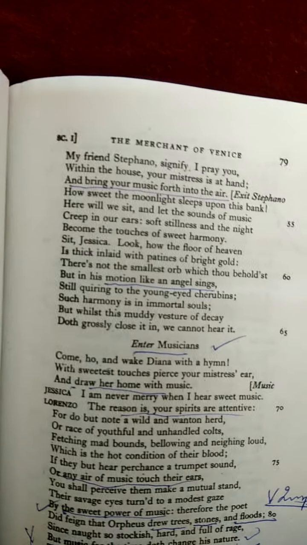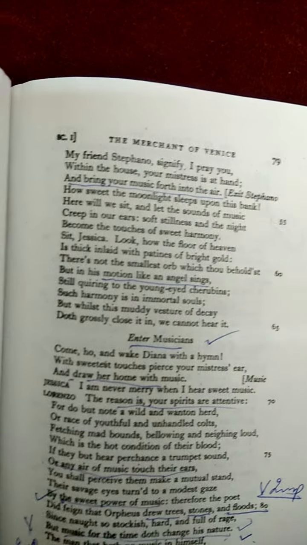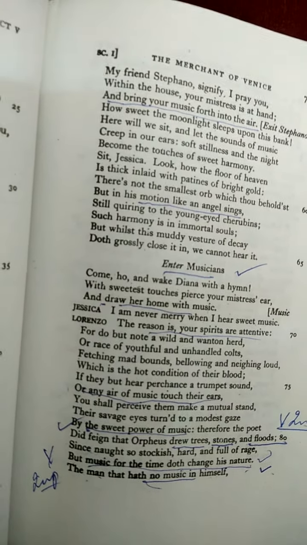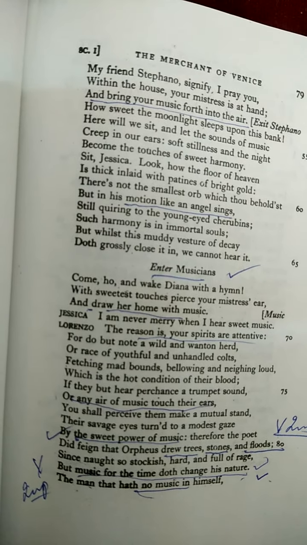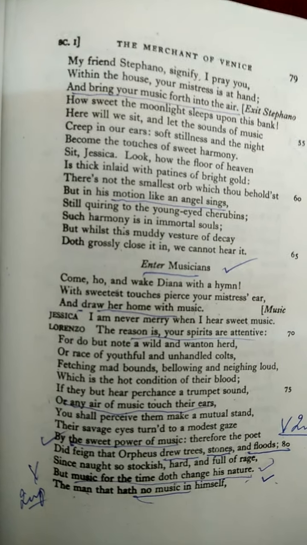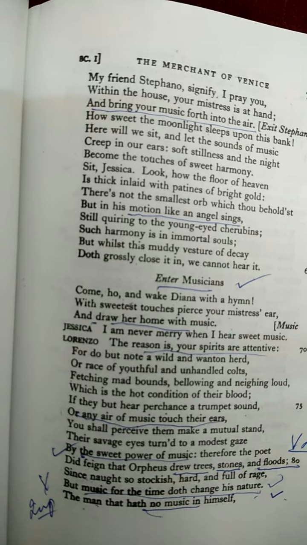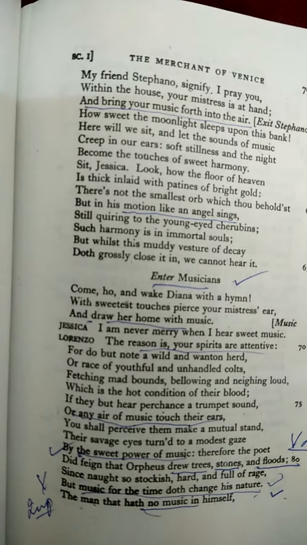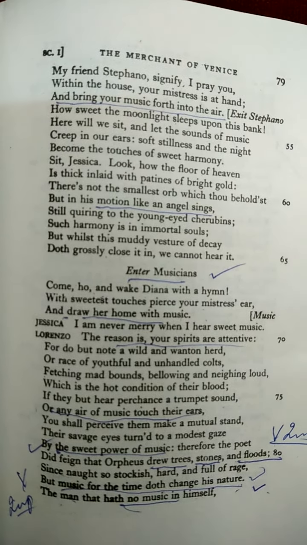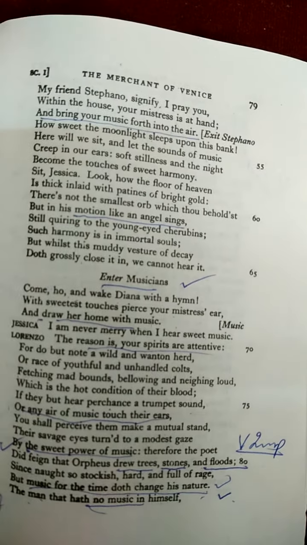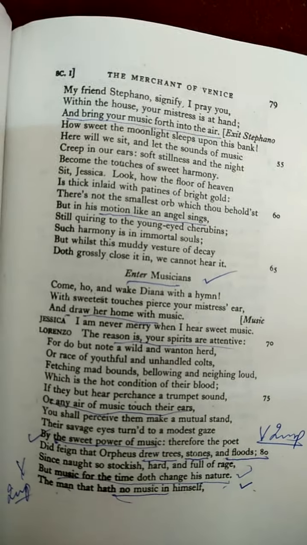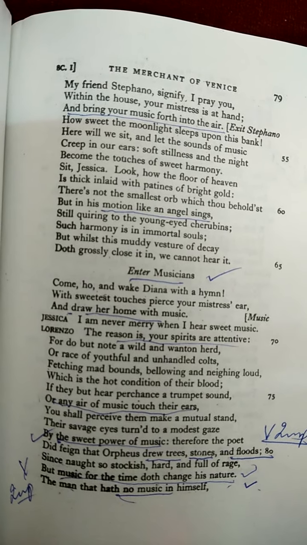And we have famous quotable lines in which you see the significance of music. See here the utterance of Lorenzo is very, very important when he talks about music changing the time, and then you see its touch, the magical impact of music. It even draws trees and stones and floods; we have personification, as the mind and heart of trees are moved by it.